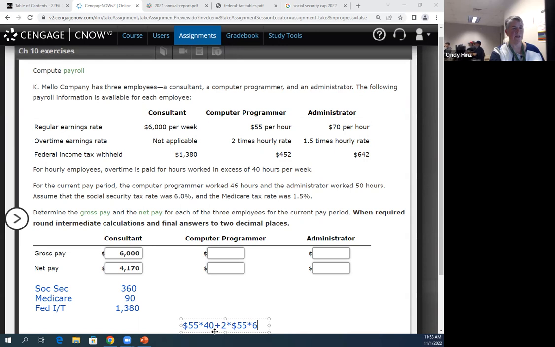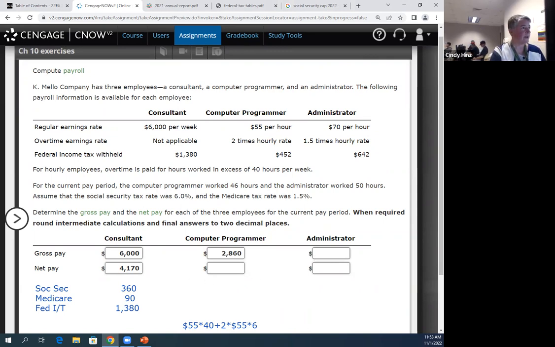So $55 an hour for the first 40 hours plus 2 times 55 for the next 6 hours. So I did my math correctly. The computer programmer earned gross pay of $2,860.